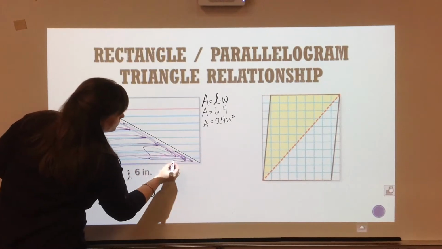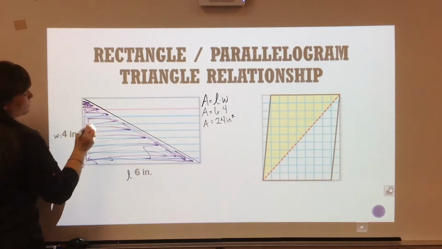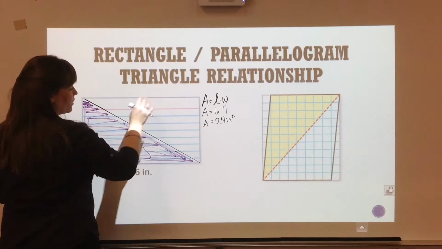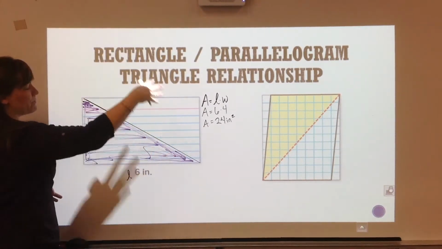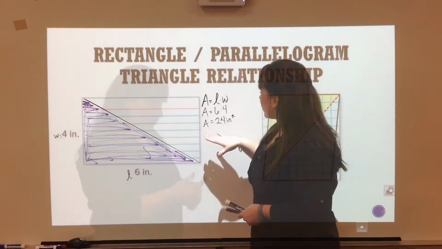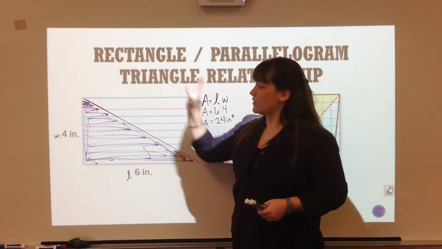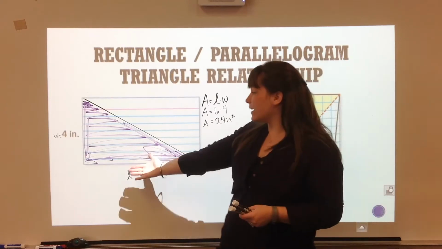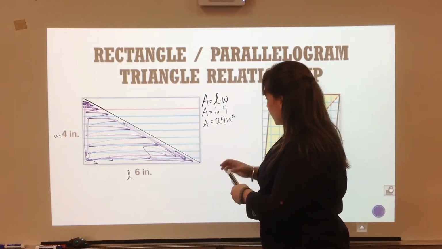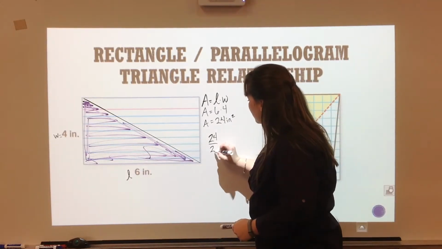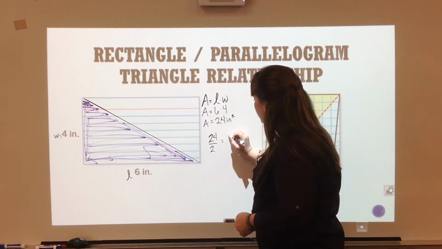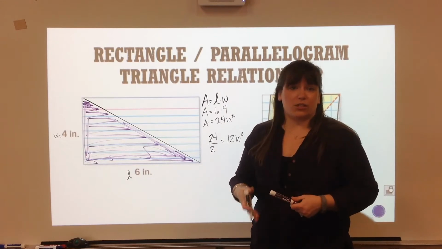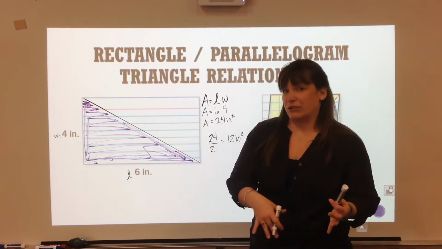All triangles can be almost duplicated or copied and have another triangle kind of flipped over and we could make a rectangle. So if we know that the area of the whole rectangle is 24, we can cut it in half and get my purple triangle. 24 cut in half or divided by 2 is going to equal 12 inches squared. So that is a cool relationship between rectangles and triangles.